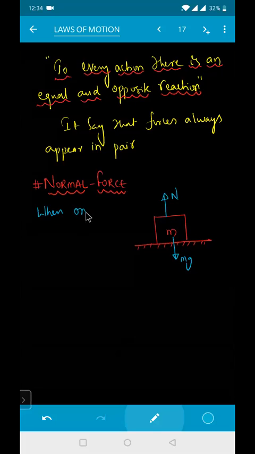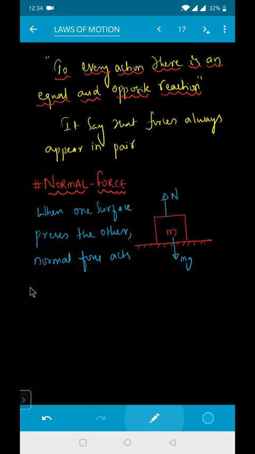So what I mean to say is, when one surface presses the other, normal force acts on both the surfaces.